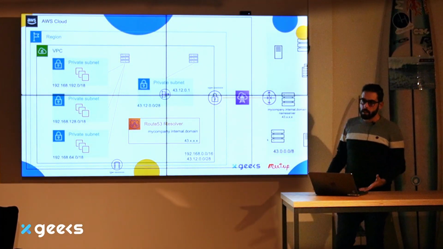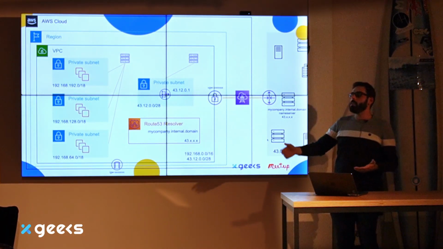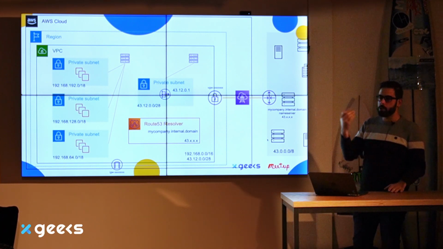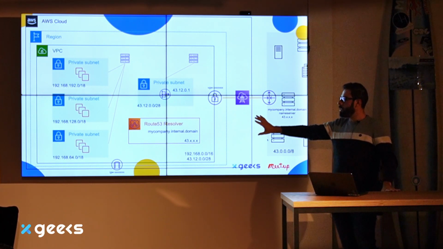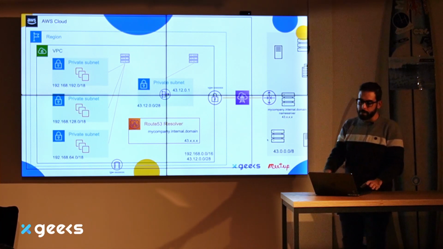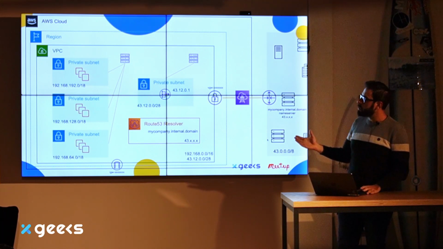And because all the network configuration is already set up, it will follow the flow that I showed you before. So only for this specific domain, it will be forwarded to this DNS server. And that's it. This is how we managed this problem.